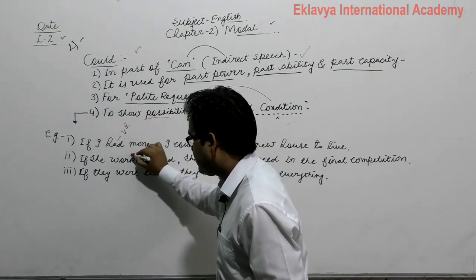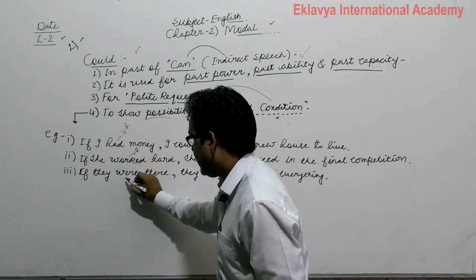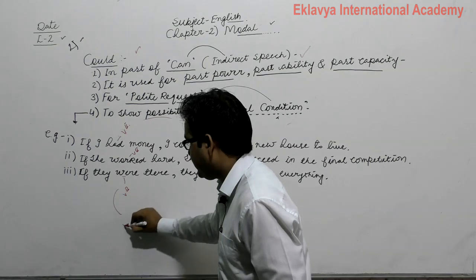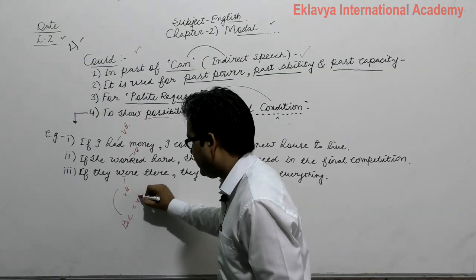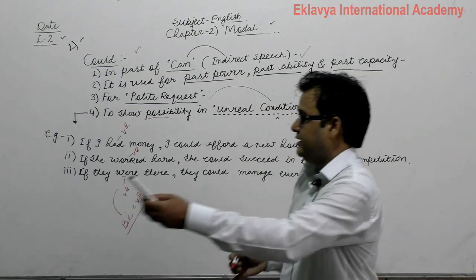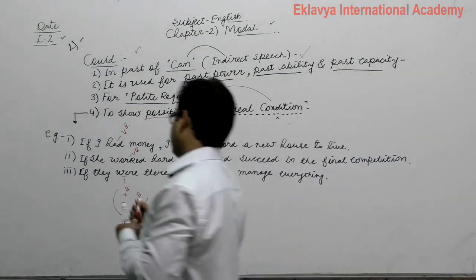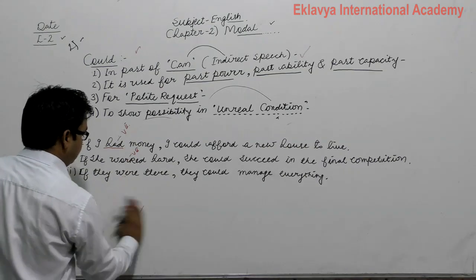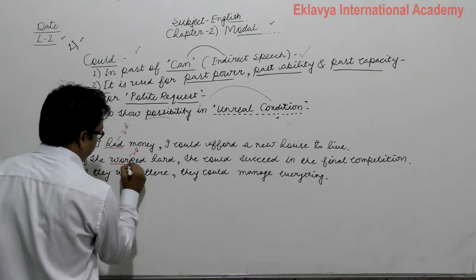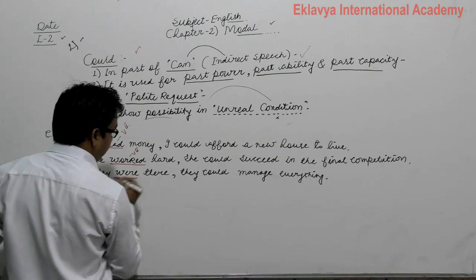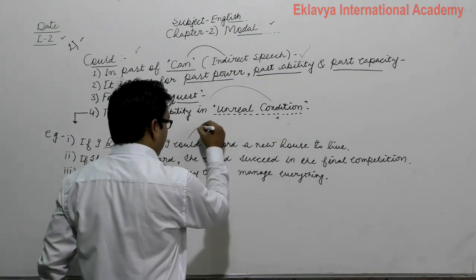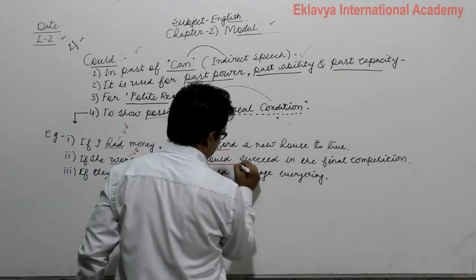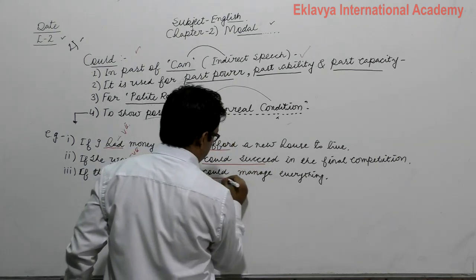The second form of be, what is the second form of be? Was and were. Okay, so I have used the second form here, second form, and next is could plus first form.